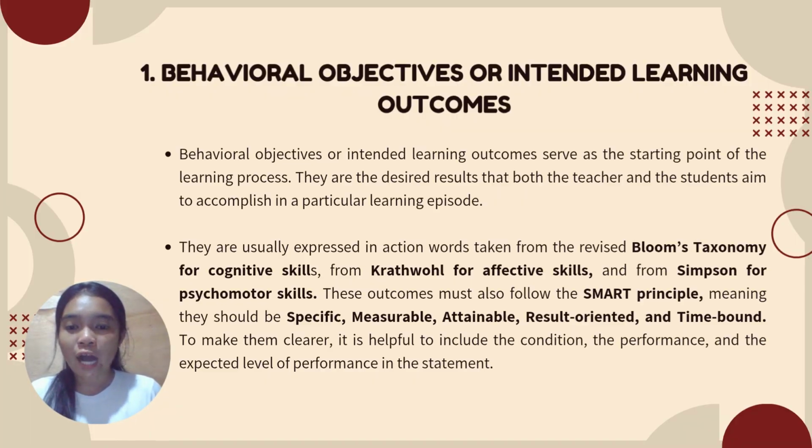So, learning outcomes are the goals of a lesson, because they tell us what the student should be able to do at the end of the lesson. So, learning outcomes must also be SMART, meaning specific, measurable, attainable, result-oriented, and time-bound.